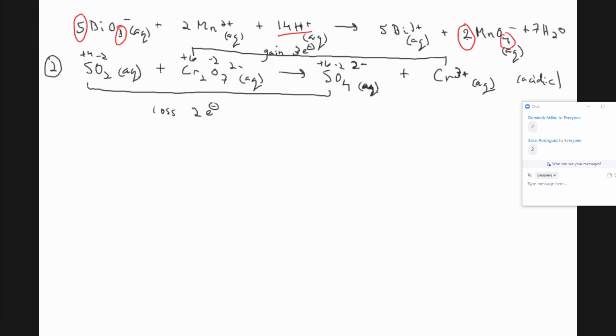So the oxidation half is going to look like so. We have sulfur dioxide, aqueous, becomes sulfate plus 2 electrons, right? Because it lost 2 electrons. So electrons are in the products now.